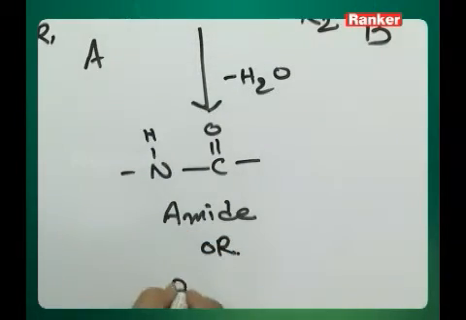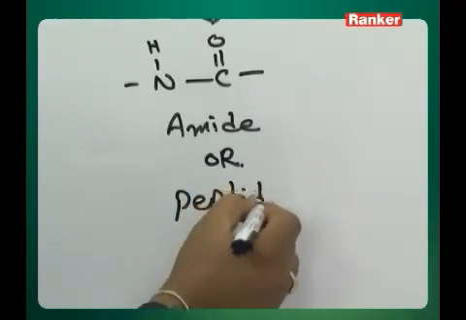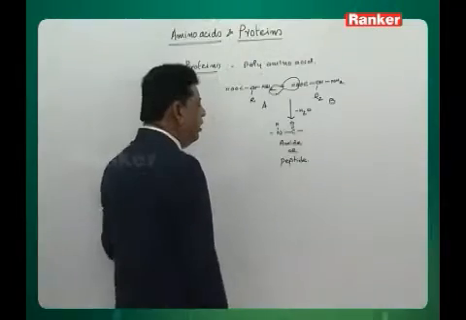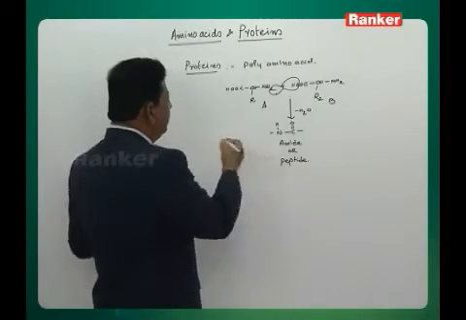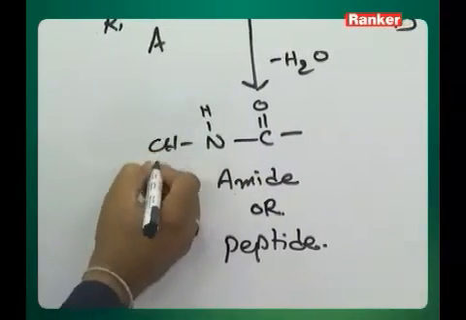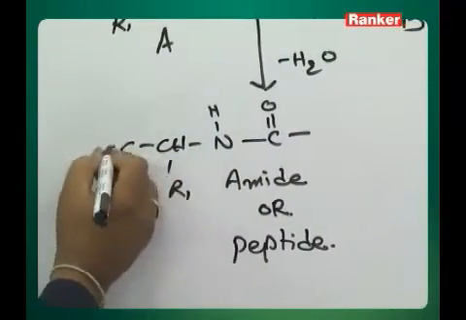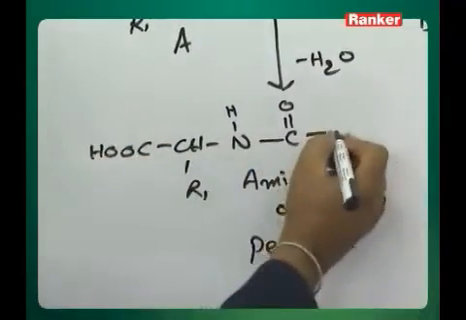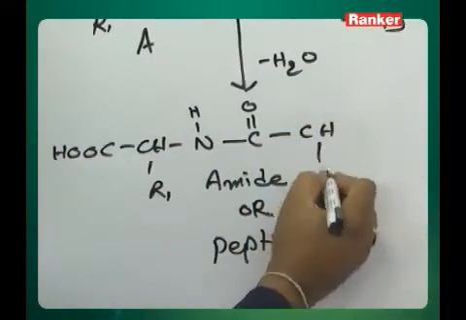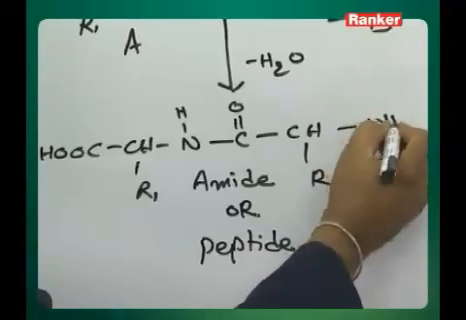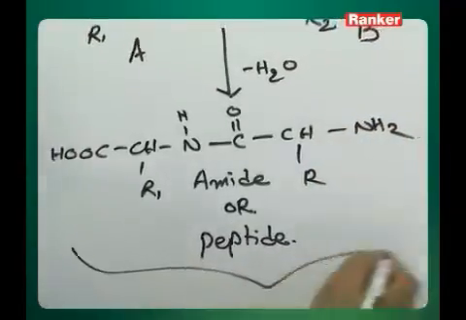Same bond, amide bond or peptide bond. Now, this side part will be the same CH, R1 and COOH. So, the molecule obtained from just 2 amino acids is called a dipeptide.